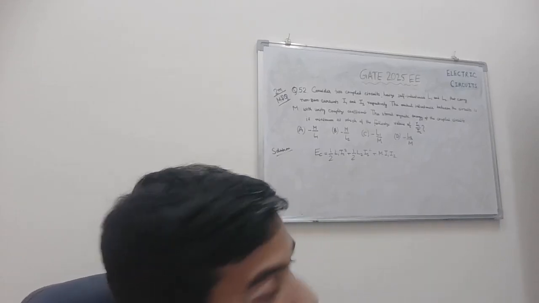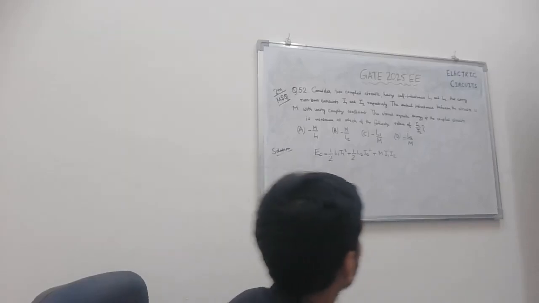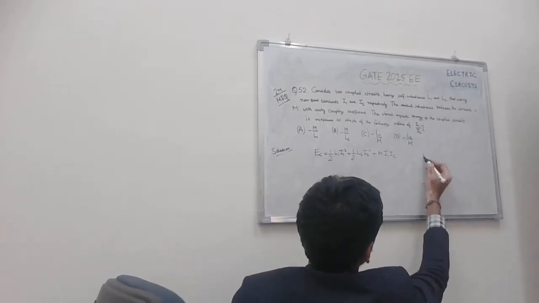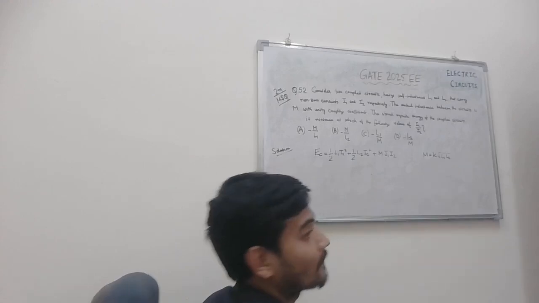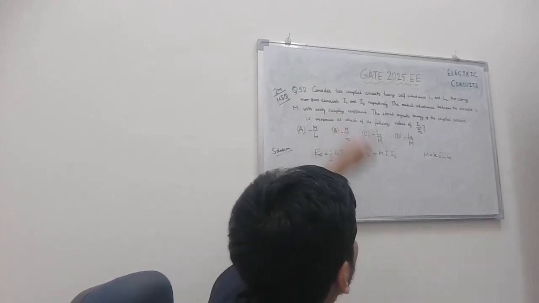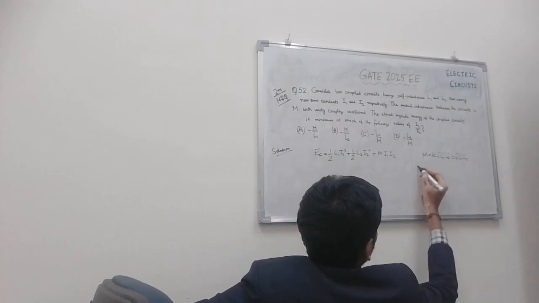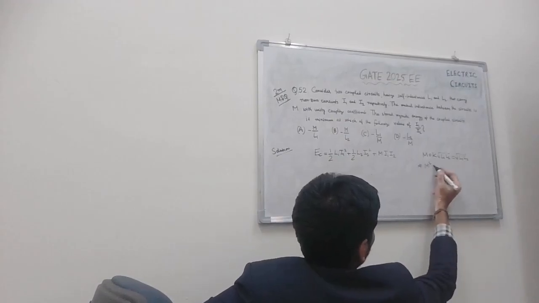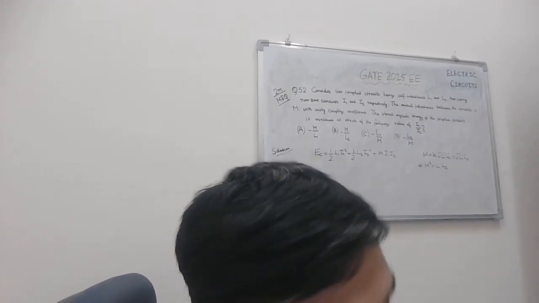This is the expression for the total magnetic energy stored in the coupled circuit. Now, with unity coupling coefficient, M square equals L1 L2.